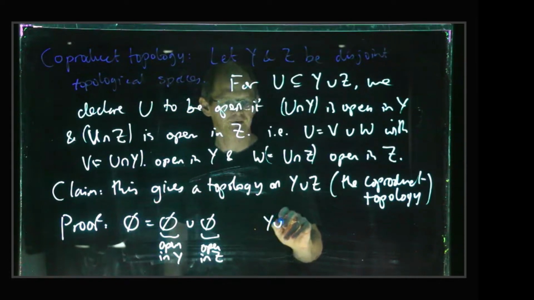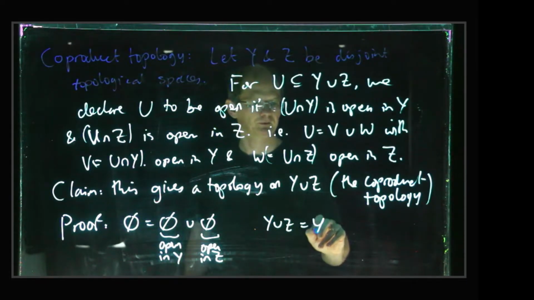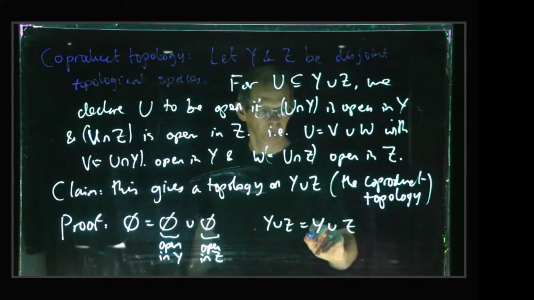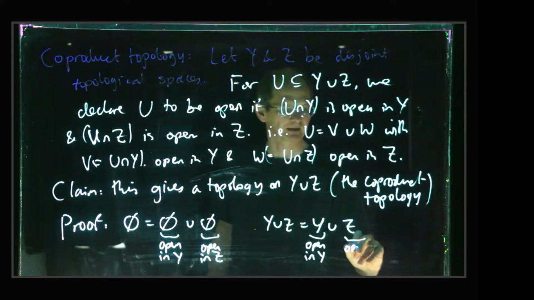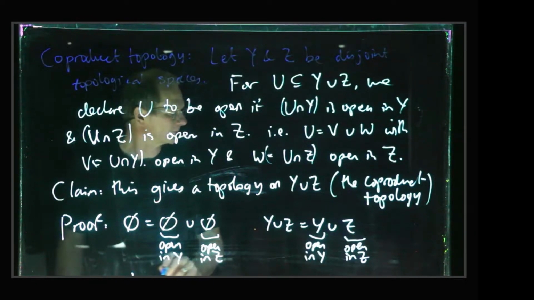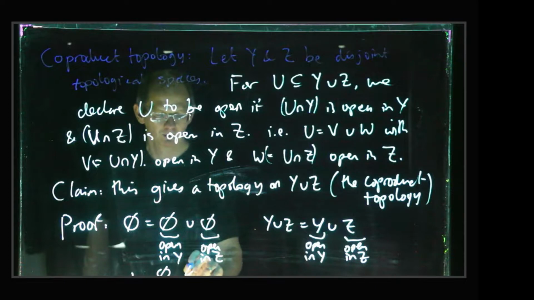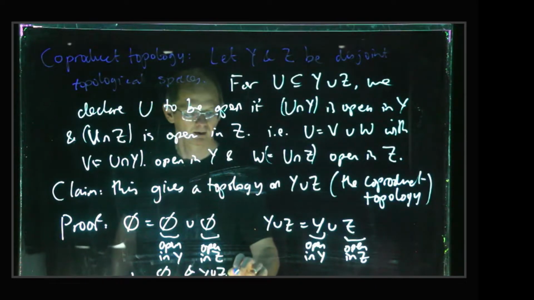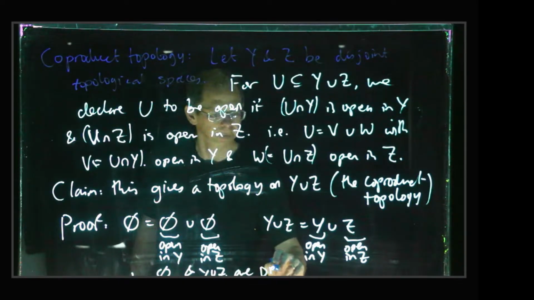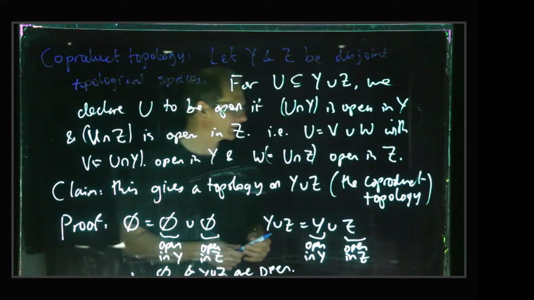And Y union Z is Y union Z, with this being open in Y and this being open in Z. So from this we see that the empty set and Y union Z are both open, which is the first of our axioms for a topology.